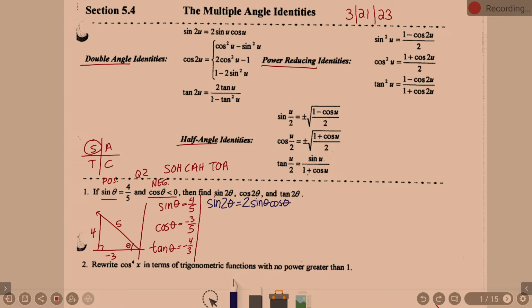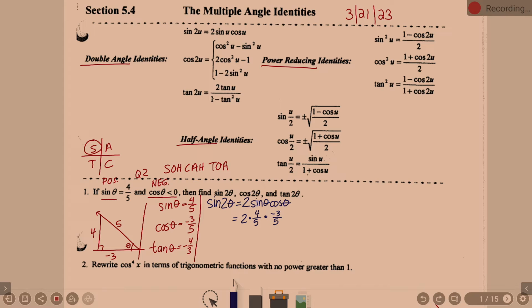Do we know that information we can plug in? 2 is 2. What's sine theta? 4/5 times cosine theta, negative 3/5. Now we multiply them together.